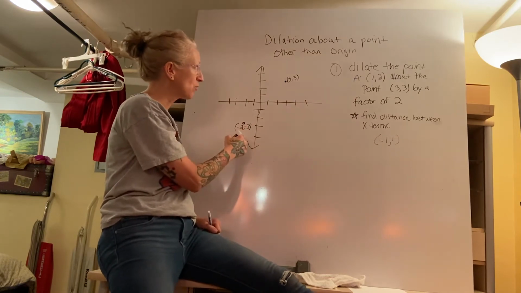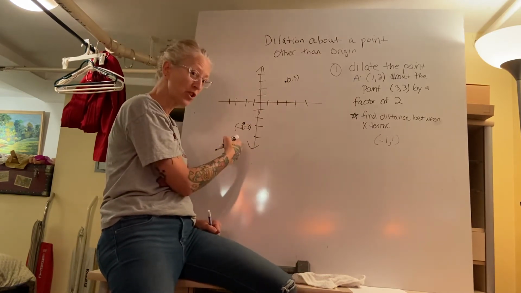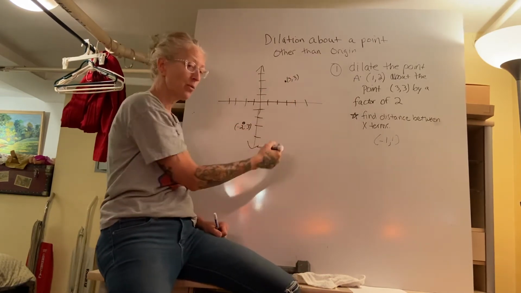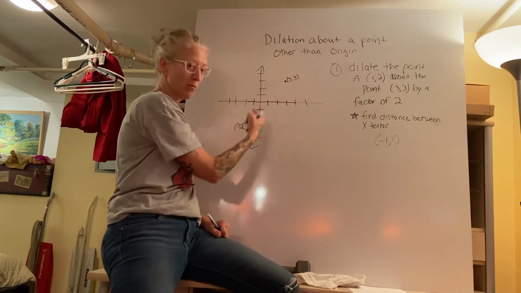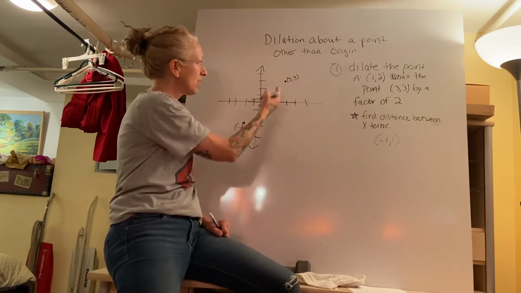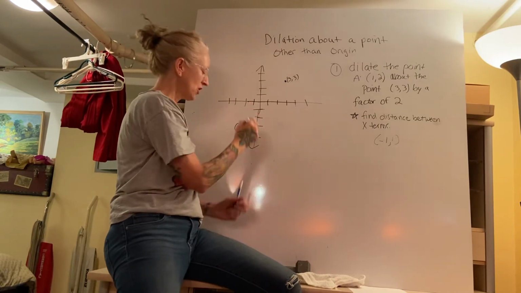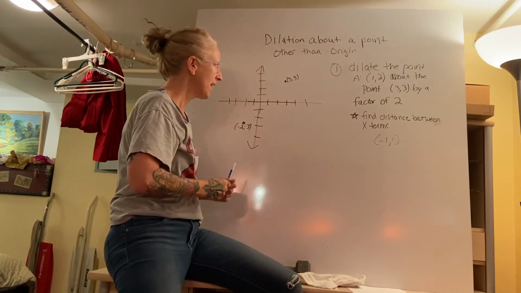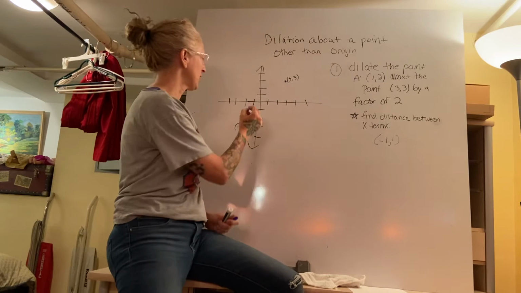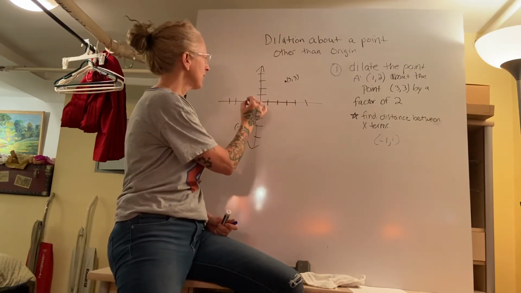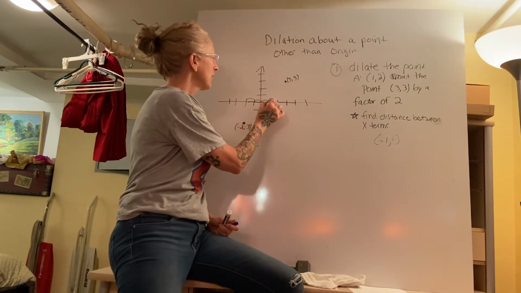So I'm going to take this one and dilate it by a factor of 2 away from this. We have to find the difference of our x terms, right? We're at -2 here and we're at 3 here. The distance between our x terms, -2 to +3, is 1, 2, 3, 4, 5.